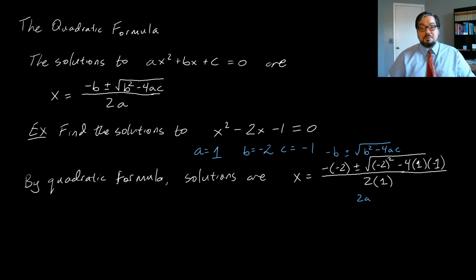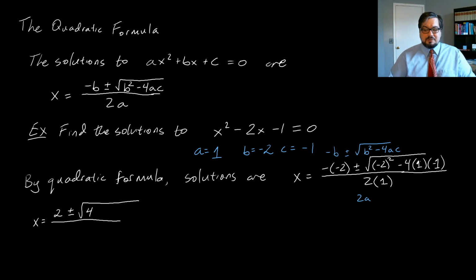Now, of course, we're going to want to simplify this. That's absolutely essential. So let's go ahead and do this. So I'll rewrite things down here, and I'll simplify things as I go. So the first term on the top is negative 2. That simplifies to just being 2. Then we have plus or minus the square root of negative 2 squared is 4.